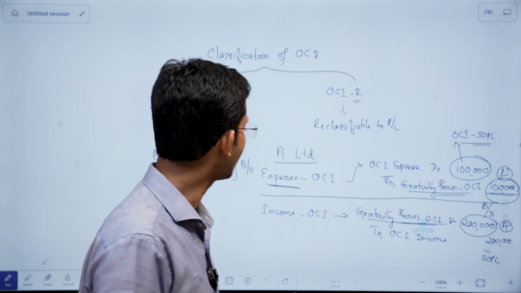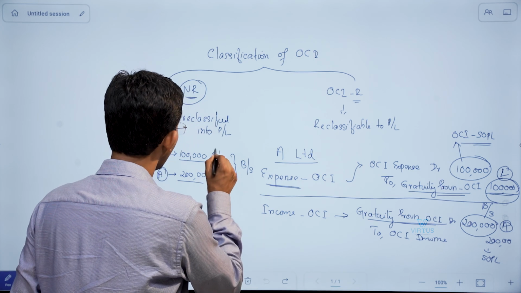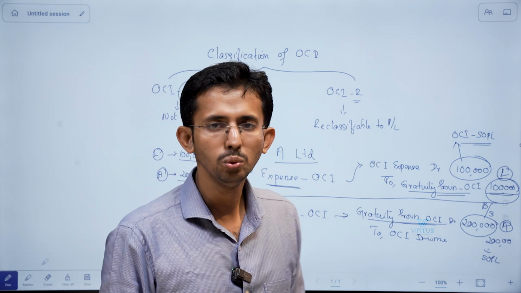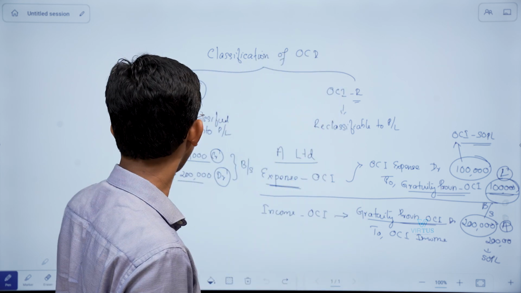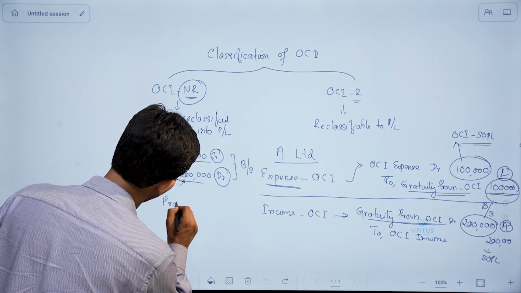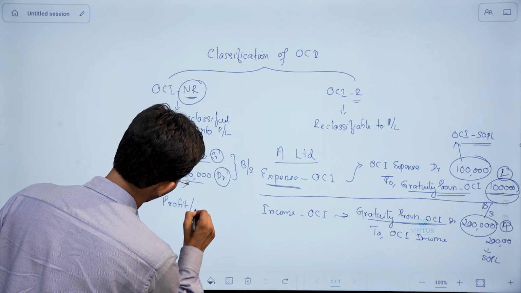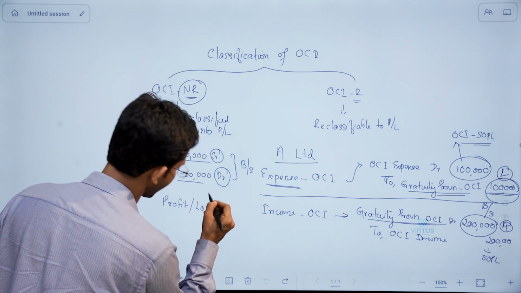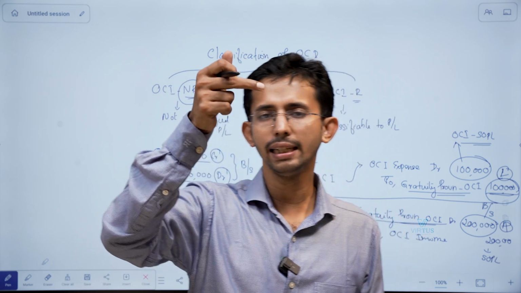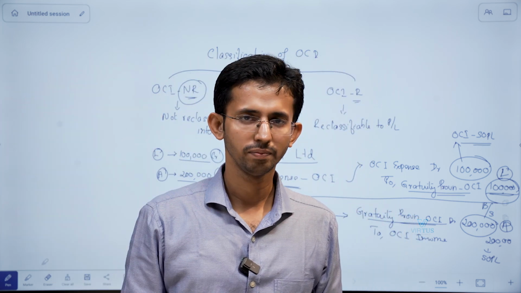When you de-recognize this liability or asset, what will you do? This has to be routed to the profit or loss. De-recognition of an asset or liability will ideally go to the profit or loss.